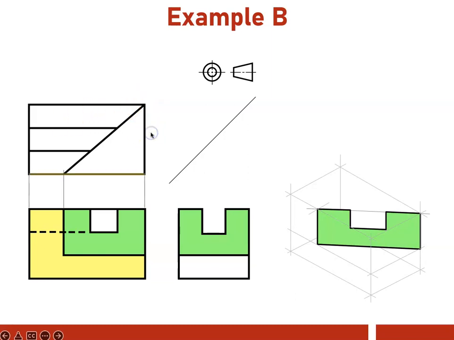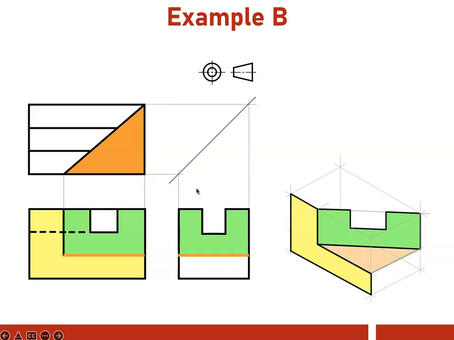Let's see the extension line. Does it correspond to that? Okay, they are just drawing that first. And this side would be the flat plane over here. And this side would be over here.